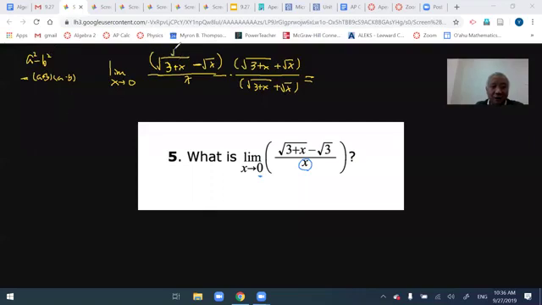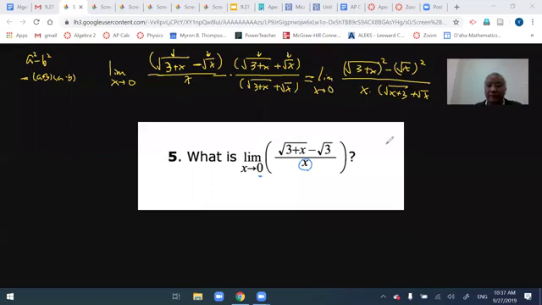So this is considered as a minus b, a plus b, that will be equal to a, which is this, squared, minus b squared, which is square root of x squared, and over the bottom one is x times square root of x plus 3, and add square root of x. And they have limits, x approaches 0, like this.